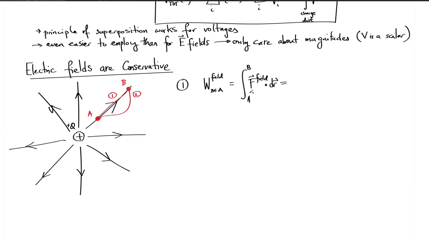All right. So this first path is exactly parallel to the field line. So that's relatively easy to calculate, right? So we know then the field strength is just K big Q over R squared, and the vector is R hat. But then we're going to dot this with dr, which is the scalar, and then R hat is the direction, because the electric field and the path are exactly in line with each other.